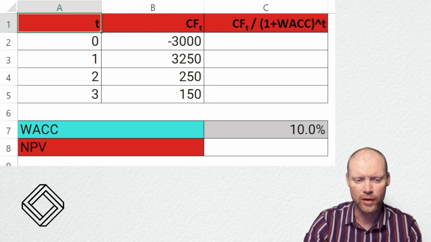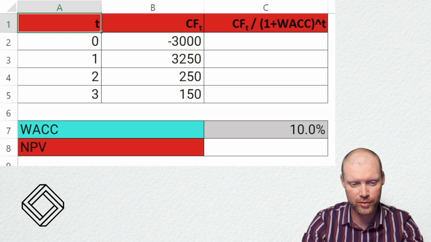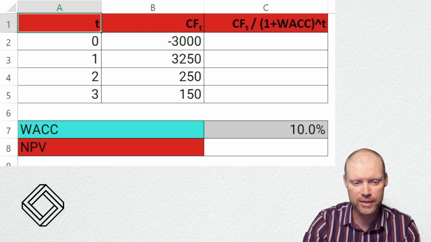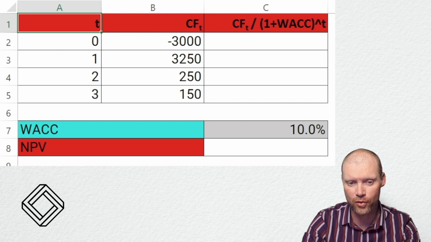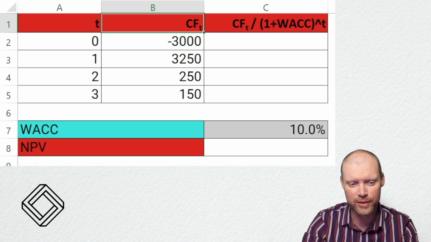So those are the T's, the T's 0 to 3, or 0 to N, that we saw in the previous section where we actually evaluated the formula. These are the different cash flows, minus 3,000, etc. So CF of T for each of these T's.